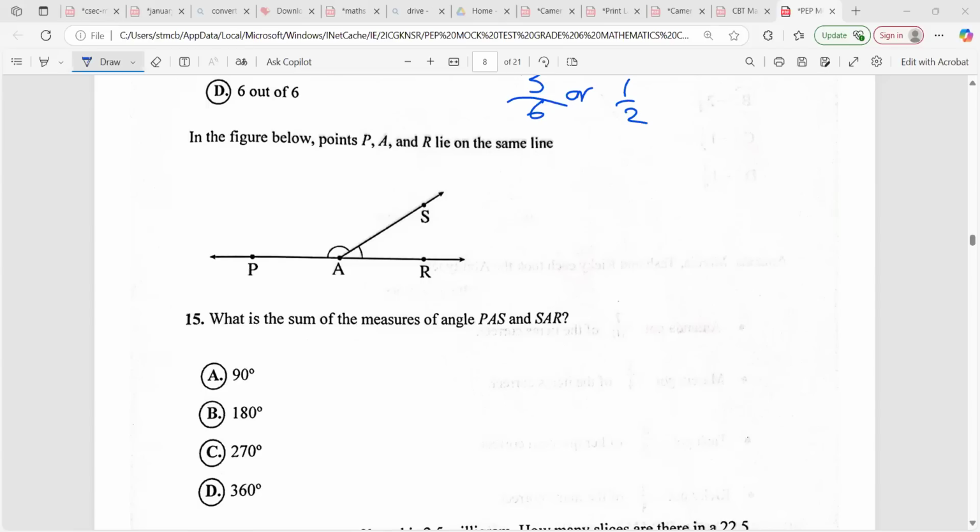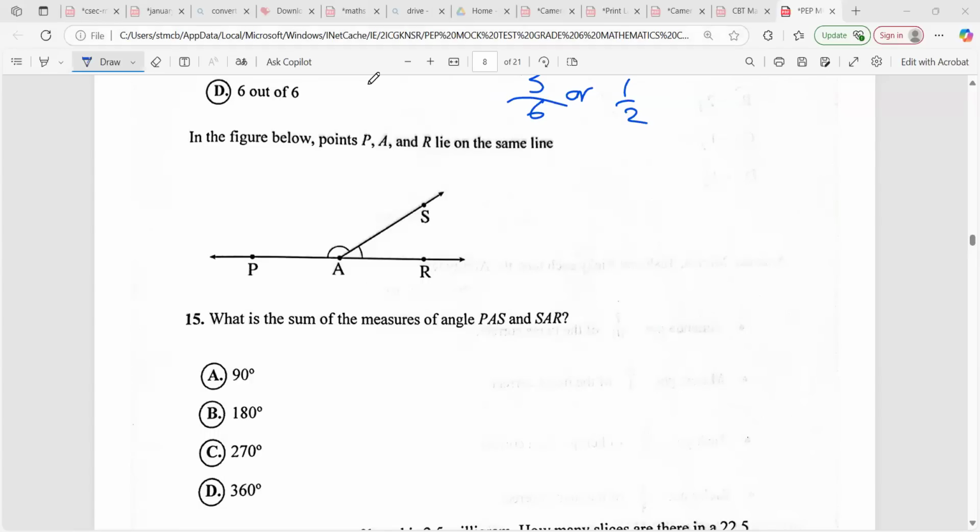So it says in the figure below, points P, A, and R lie on the same line. As you can see, SAR is an acute angle, while PAS is an obtuse angle. So number 15 is asking us, what is the sum of the measures of angle PAS and SAR?